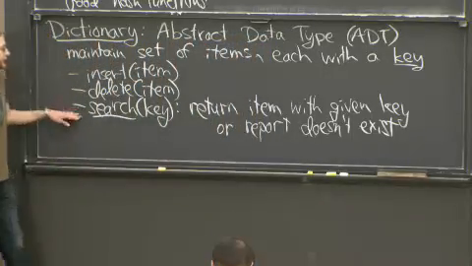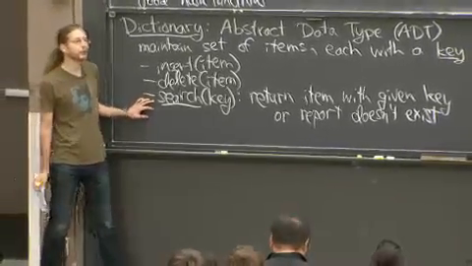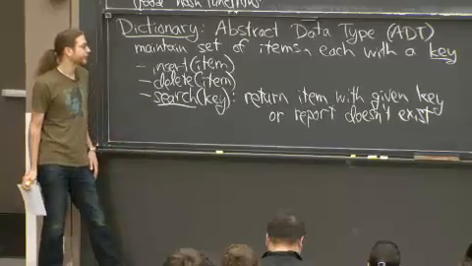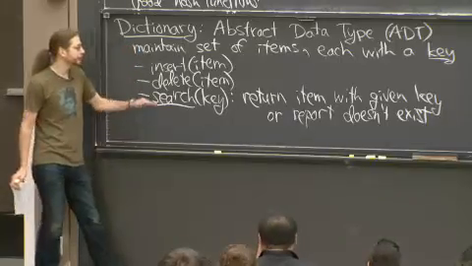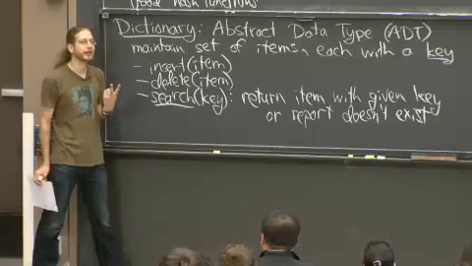OK, this is a little different from what we could do with binary search trees. With binary search trees, if we didn't find a key, we could find the next larger and the next smaller, successor and predecessor. With dictionaries, you're not able to do that. And you're just interested in the question, does the key exist? And if so, give me the item with that key.